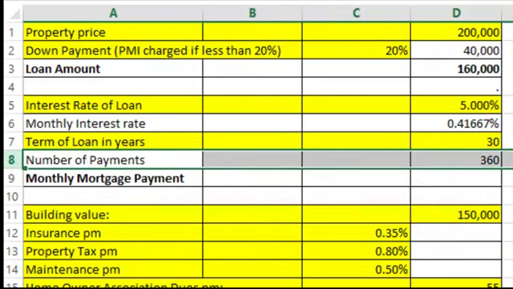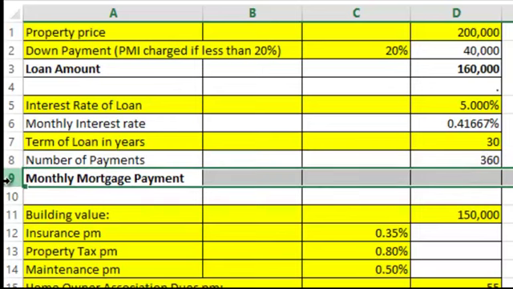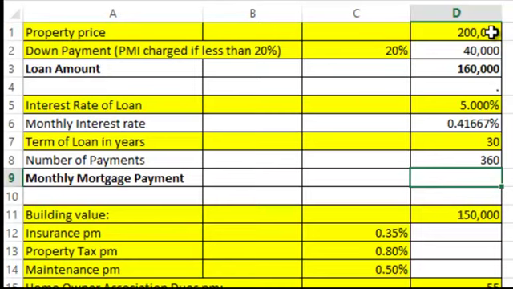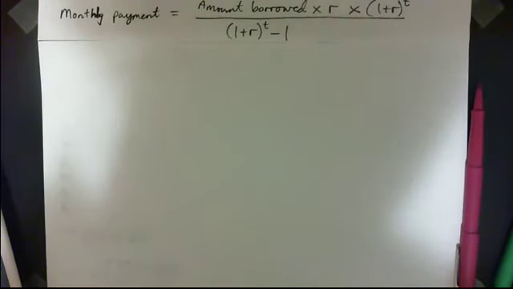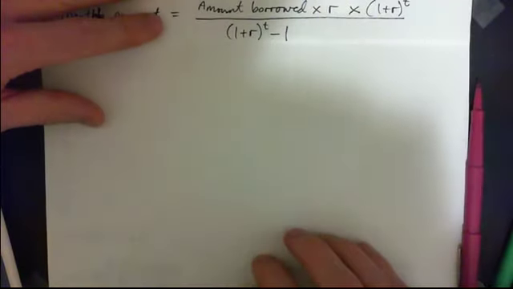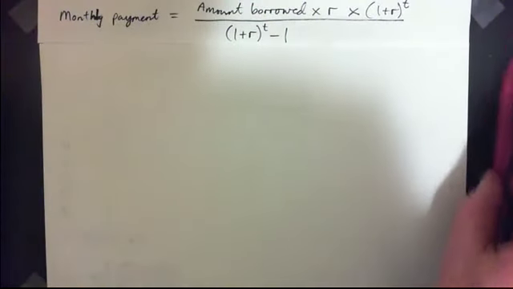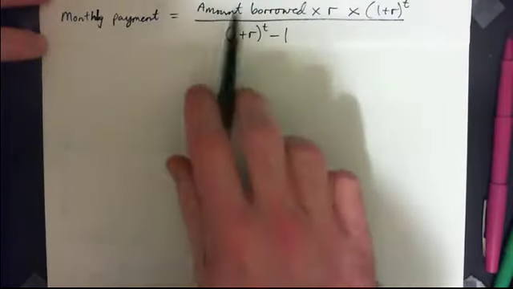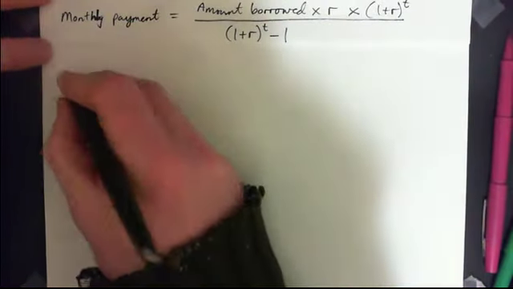Agreed? Okay, so now we're on to the big calculation of the day, which is the monthly mortgage payment. And so we'll go to paper for that, and from our spreadsheet we can see the numbers we need. To calculate the monthly payment, we'll need this formula, which is monthly payment equals amount borrowed times that. You're familiar with that formula.